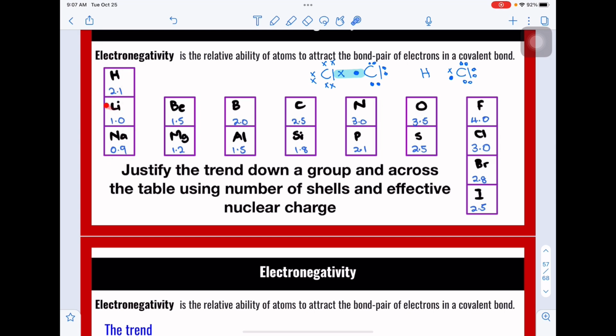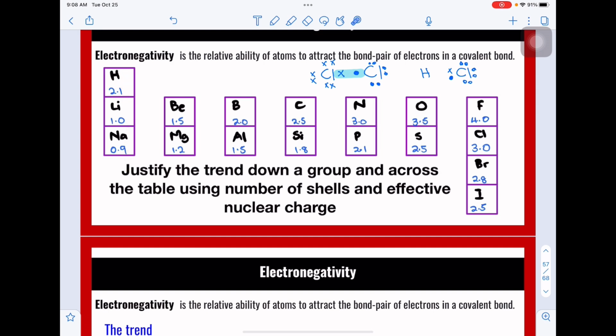Even in group 1, we start with 2.1 to 1.0, 1.0 and 0.9. And in all the groups, we see the same thing. As you go down the group, the electronegativity decreases. Okay, when we go across in this direction, we can see an increase. So starting from lithium, beryllium, boron, carbon, nitrogen, oxygen, and finally fluorine, we see an increase as we go across.